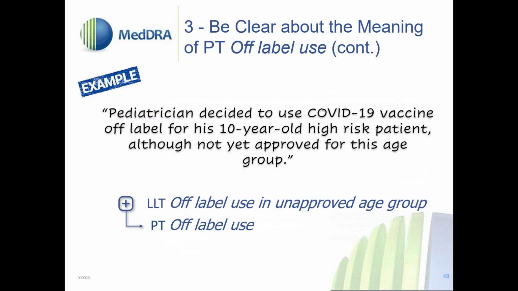If you don't know, you cannot just select, you need this information that it is an unapproved indication in the verbatim. Otherwise, you would not be able to select this LLT. Again, because you need the information whether the respective indication for this specific drug is approved in a specific country.